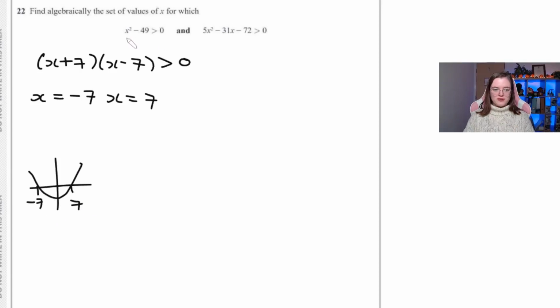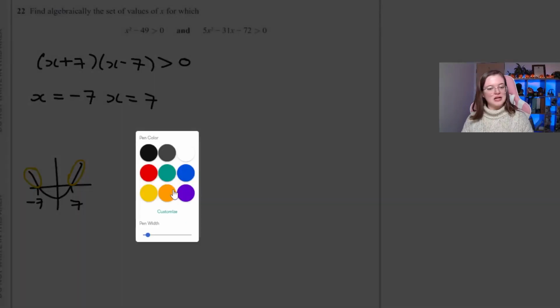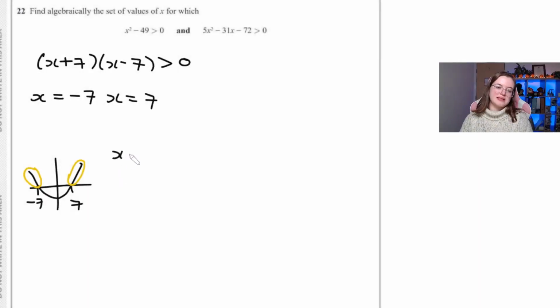And then we want for when the quadratic is bigger than 0, so when it's above ground, technically, which is that one there and that one there. Two bits of graph, therefore two separate inequalities. So we're going to have x is less than minus 7 and x is bigger than 7. Those two separate pieces.